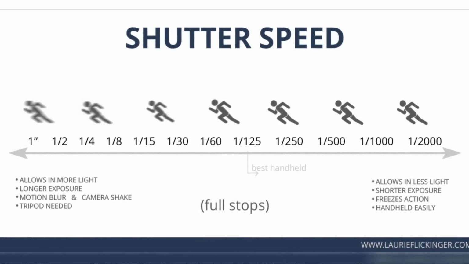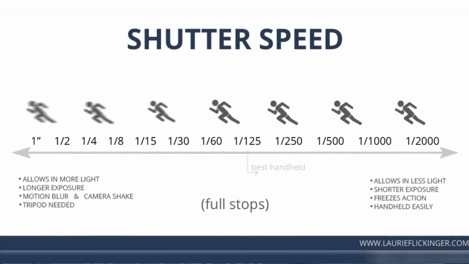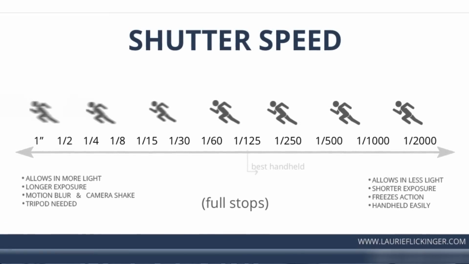So if you have a soccer player running down the field, you want to be able to snap them without any kind of motion blur, unless you desire a motion blur photo. But usually when you're taking sports photography, you want to freeze that image and have them in the air or running, just froze it. So in order to do that, you have to have a really fast shutter speed.